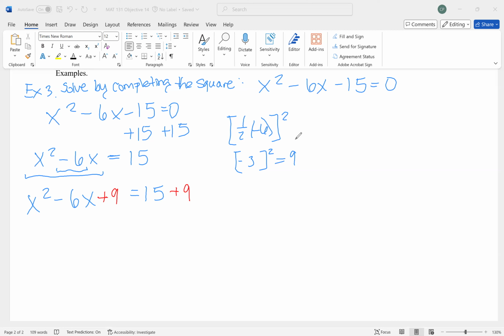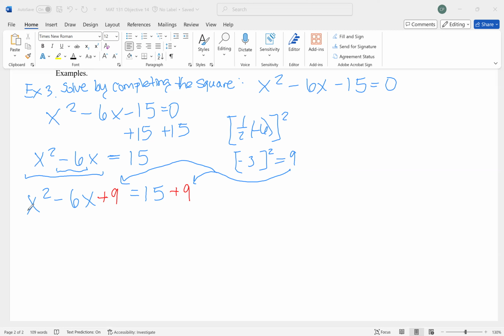Okay. So this 9 right here, we're going to drop it right there. And we're going to drop it right there. So we're going to add that 9 on both sides.